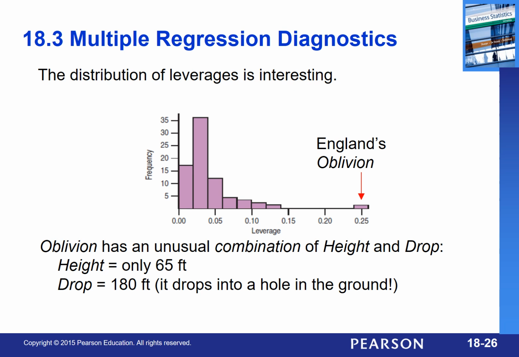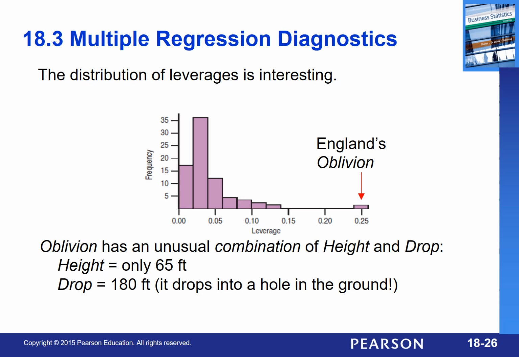Okay, so here is the distribution of the leverages. I'm hoping you notice there's this one just chilling out by himself. Back in Stat 1, you would have called that an outlier because it is so far from the pattern of the rest of the data. What's unusual about this is the roller coaster in England called the Oblivion, which is unusual because it has a hole in it where it drops underground.